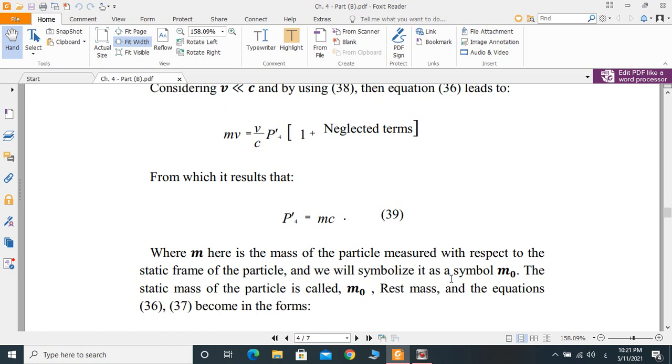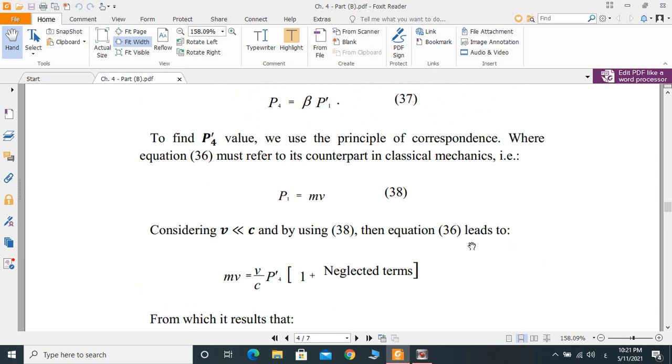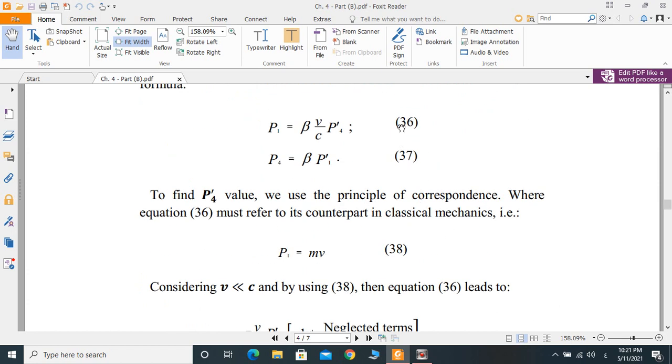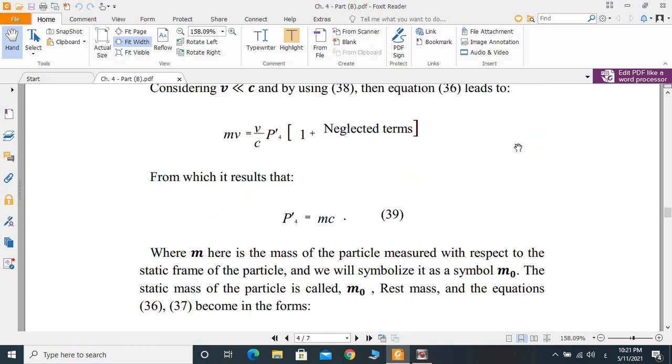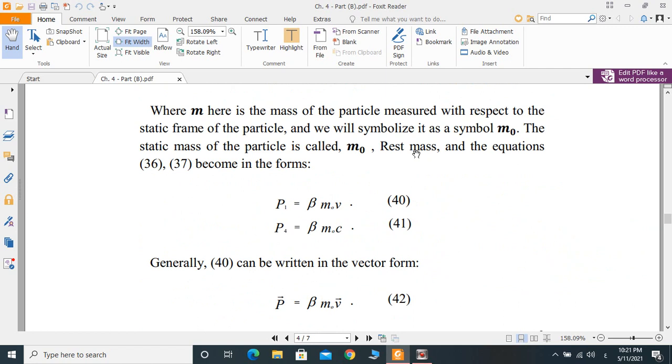And then relations 36 and 37 can be rewritten as p1 equals beta m naught v, and p4 equals beta m naught c.